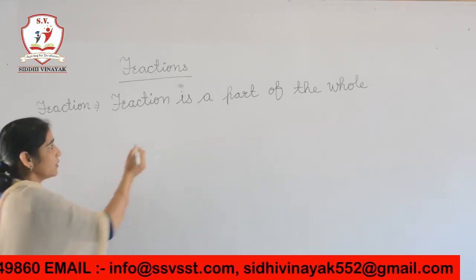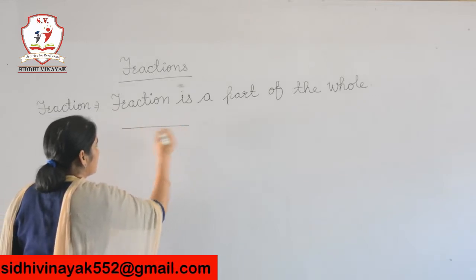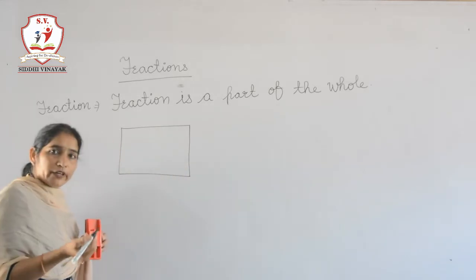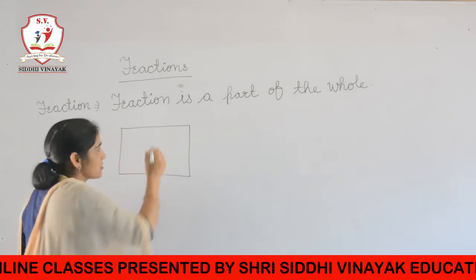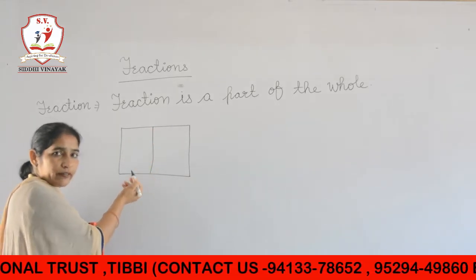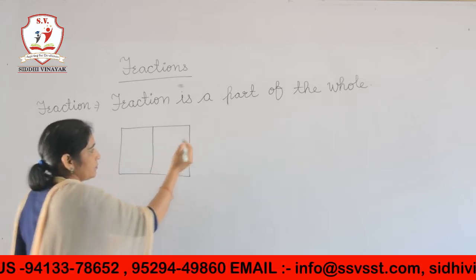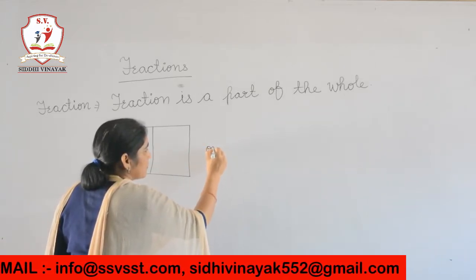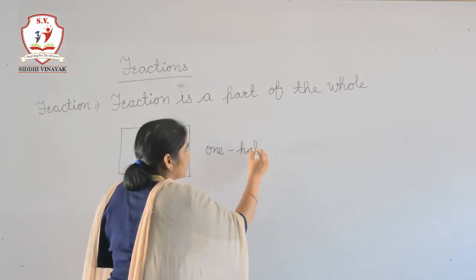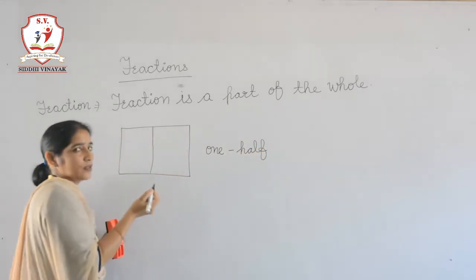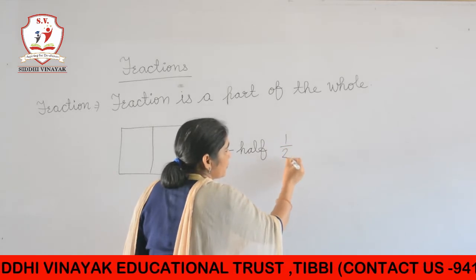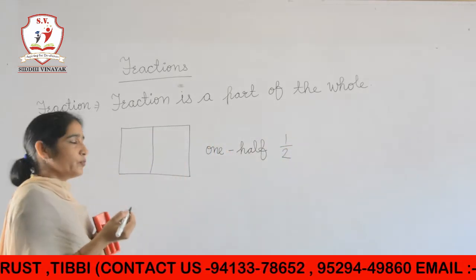We take a figure. We divide it into two equal parts. One half is represented by 1 upon 2. We take another figure.